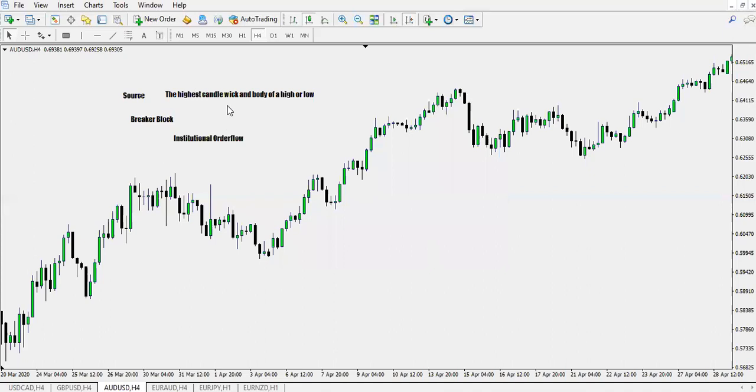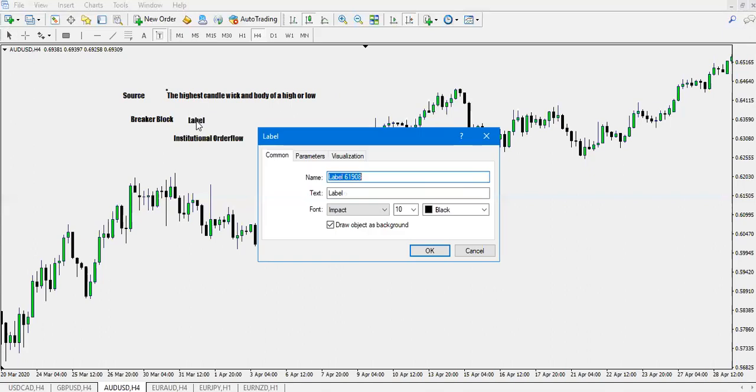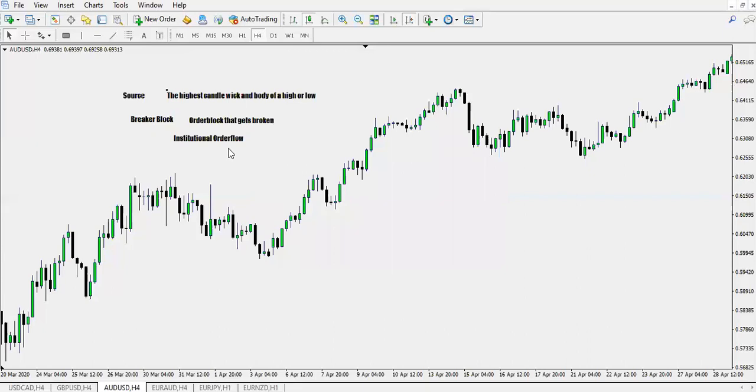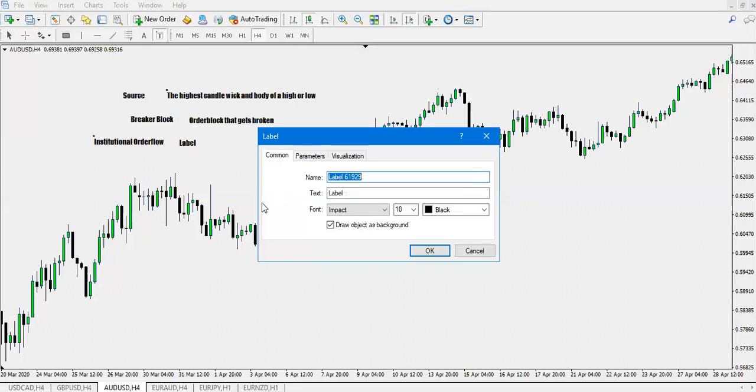So that is our source, and a breaker block is basically an order block that gets broken. Okay, and then obviously our institutional order flow is the flow of orders in a direction with order blocks.